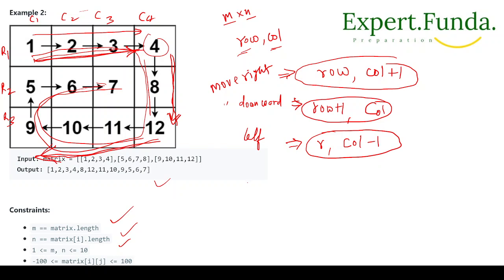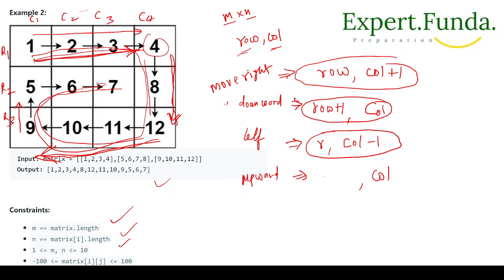Now if we talk about moving upward, the column will remain the same, C1, but the row will be decremented from R3 to R2.